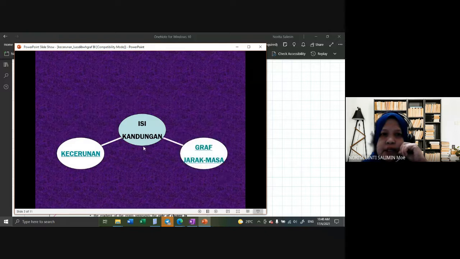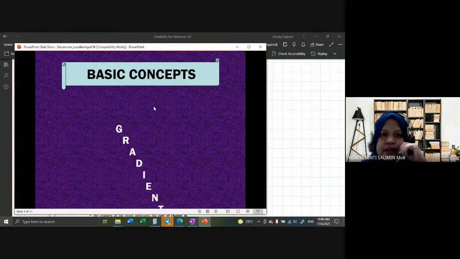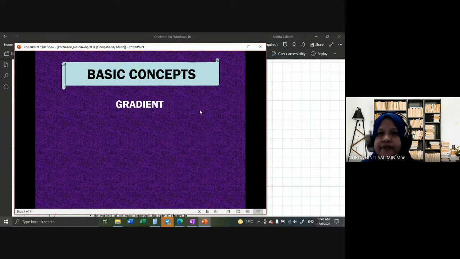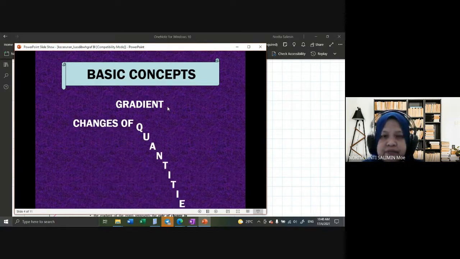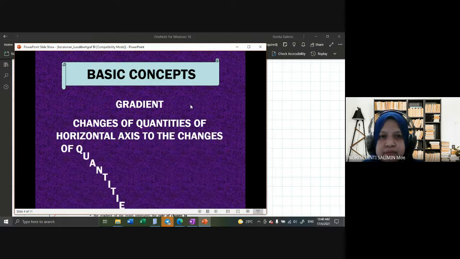Okay, so nanti kita akan jumpa konsep dia, kecerunan graf jarak masa. Okay, lihat dia. The basic concept, we have a gradient. What is gradient? Kecerunan.